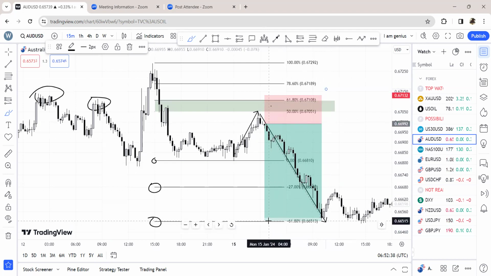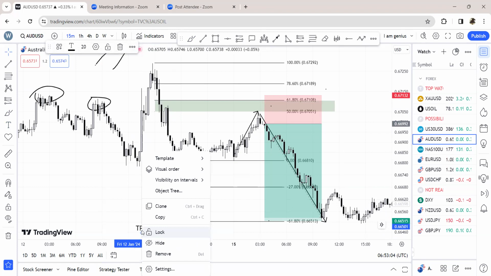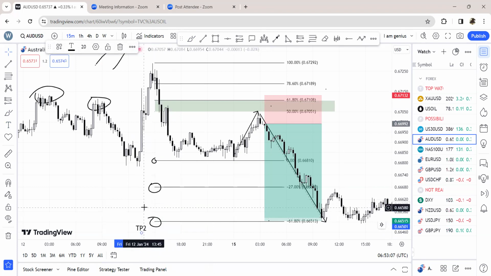Remember, if you have a very strong trend, this becomes your, or maybe, let me write that down. So here, that's your TP2, and then copy, paste this.